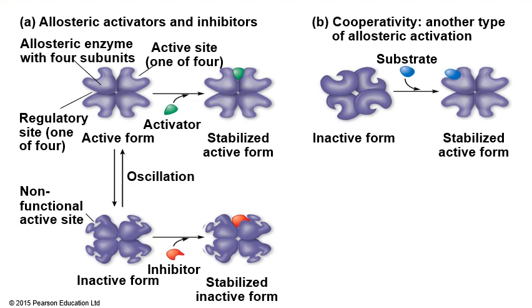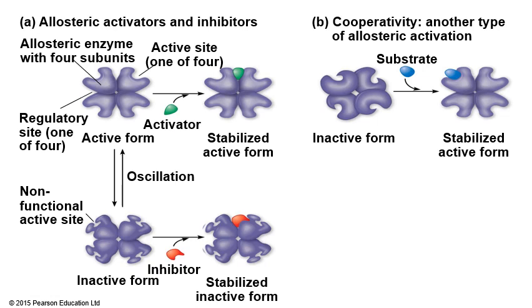This diagram shows you allosteric activation or allosteric inhibition and cooperativity. So two types we can see. First one, A, in allosteric activation and inhibition: when you look at the enzyme, that allosteric enzyme is composed of 1, 2, 3, 4 subunits. The first one, we can see that's the active form.